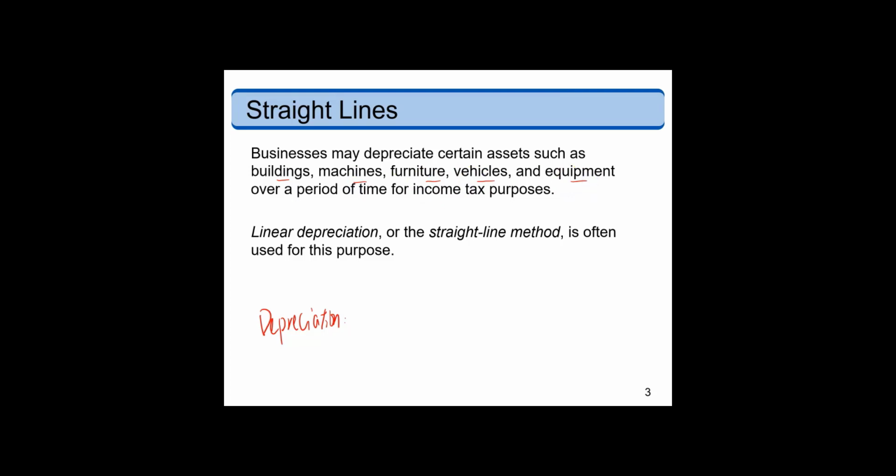The value goes down over time, and they do that for income tax purposes, because depreciation can be used to decrease the income tax. They use a method called linear depreciation, meaning they use the straight-line method to depreciate the asset.